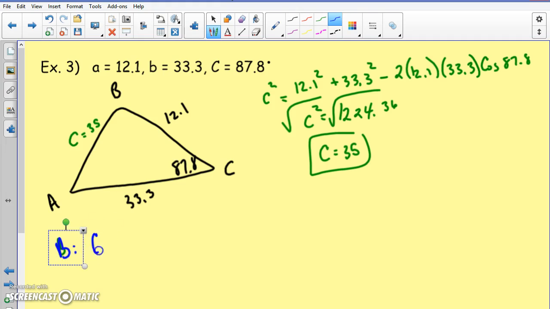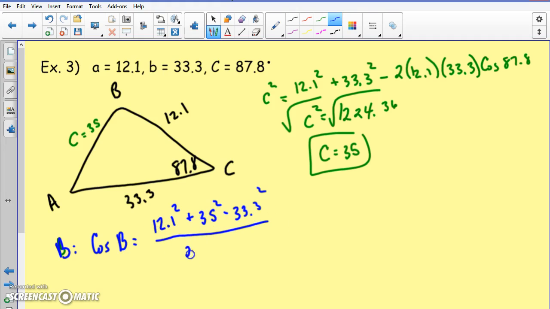Okay, so since we're trying to find angle B, we're going to use the formula that starts with the cosine of B. So it's going to be A squared plus C squared minus B squared all over 2 times A times C. Why don't you guys go ahead and plug it in and see what we come up with as an answer.